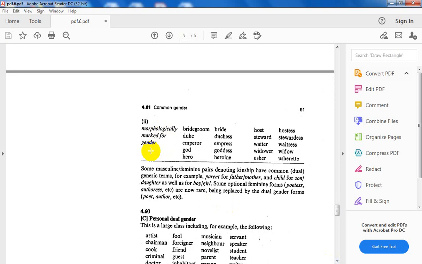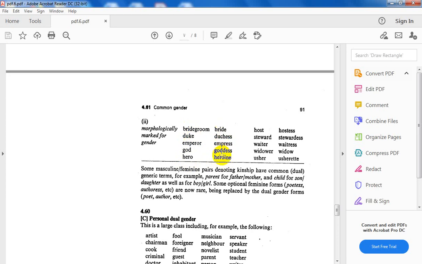If we say معلم, this is masculine. I add the taa marbuta and it becomes معلمة. معلم is now morphologically marked for gender. This taa marbuta created a differentiation between معلم as masculine and معلمة as feminine. Let us see: bridegroom, bride. You see, this is the stem, and I added groom. Duke, duchess. Emperor, empress: I added ess and turned it from masculine to feminine. God, goddess. Hero, heroine. All of these are masculine and these are their feminine counterparts.